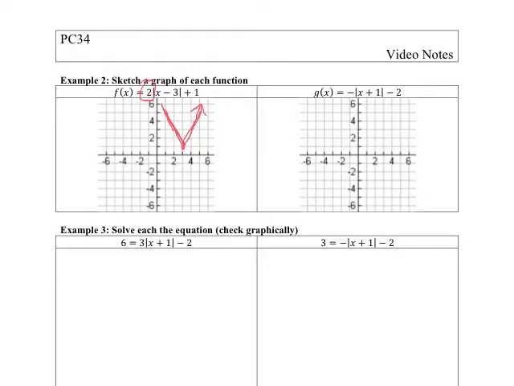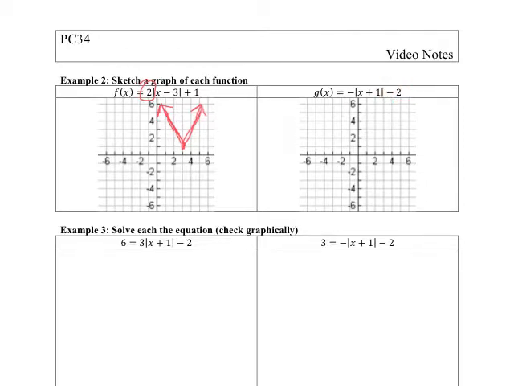It's quite difficult to draw straight lines on the iPad, but on your graph you can draw straight lines. Okay, the second function, I see that we have moved to the left 1 and that we have flipped it. This flip turns it upside down, and then we go down 2.